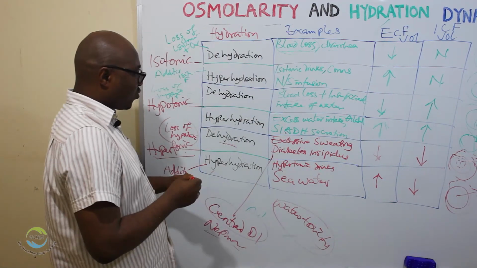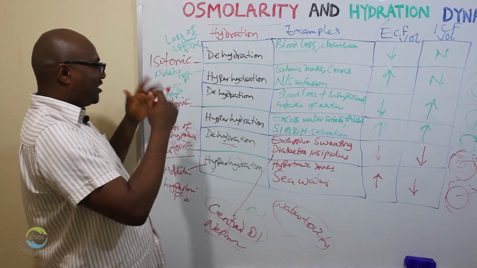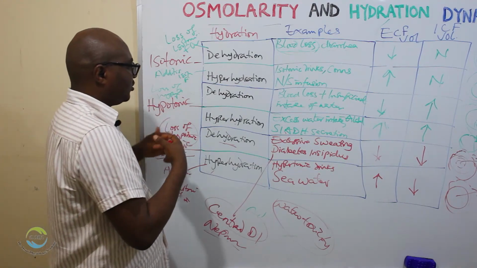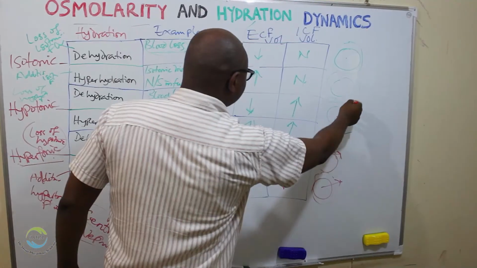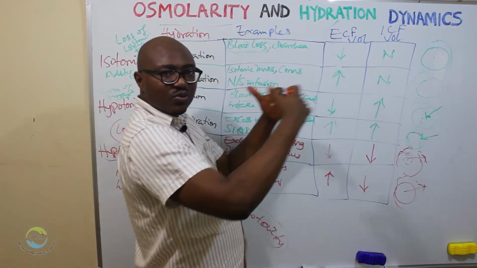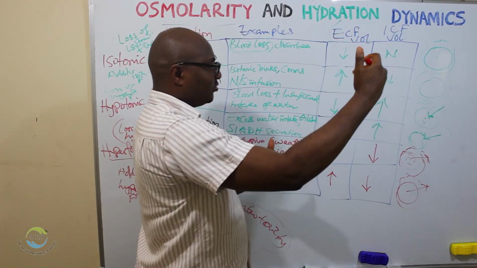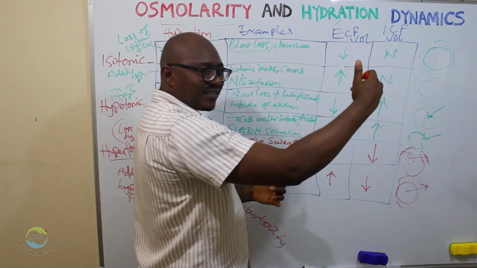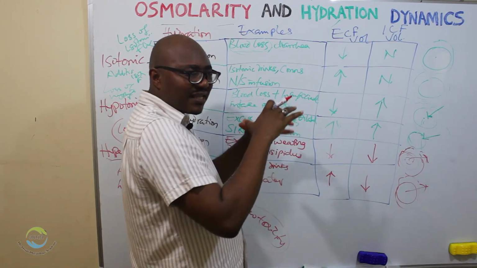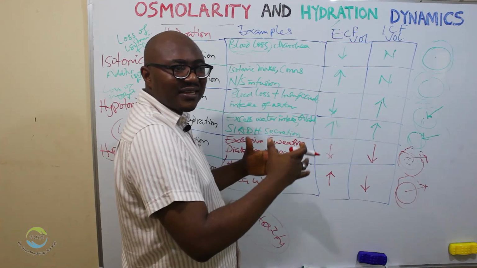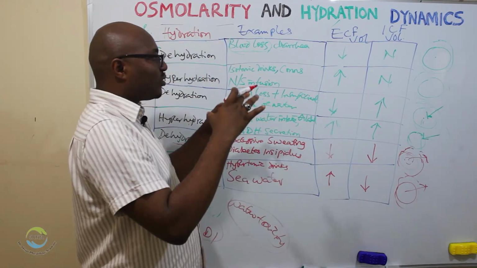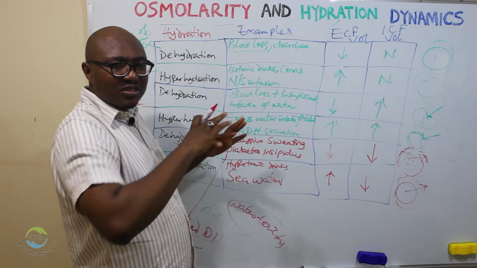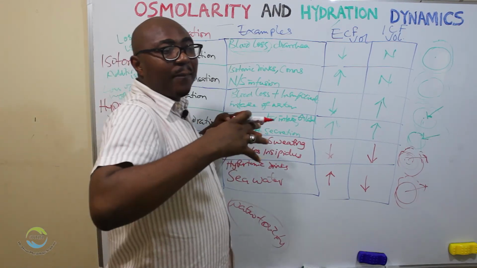As you drink the water, it will so much dilute your blood that what do you think will happen? It will lead to shift from the ECF down to ICF because the ICF is now more concentrated. So because of the so much dilution, so much water enters your cells, they will swell and burst.